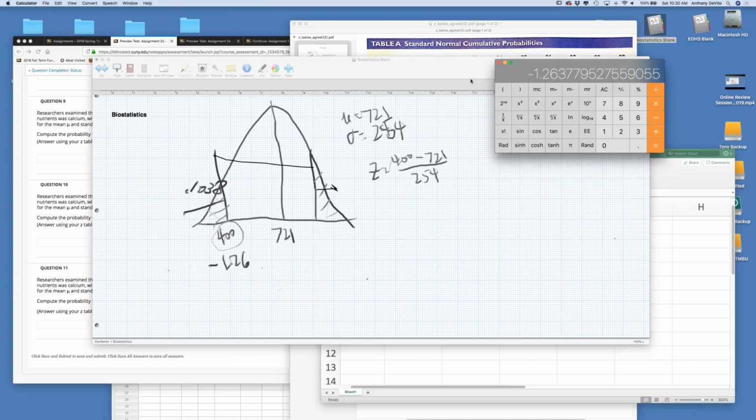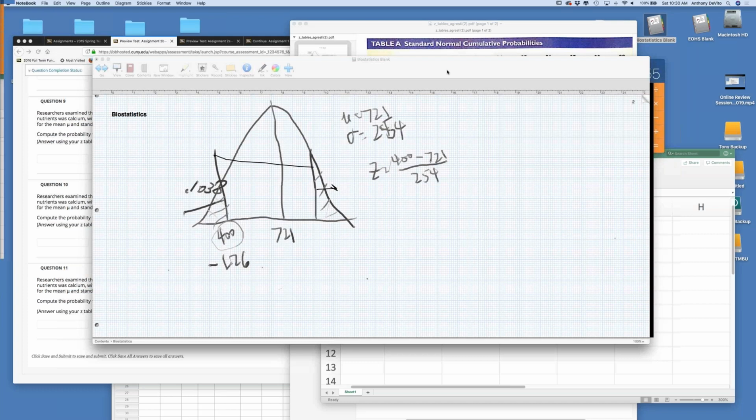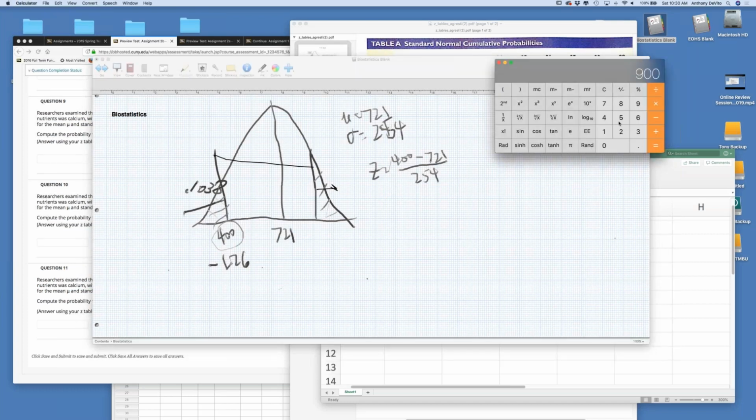What was this number anyway? I think it was 900. So 900 minus 721, the mean, is equal to 179, divided by 254 is equal to a z-score of 0.70. I'm going to round it to 0.70.